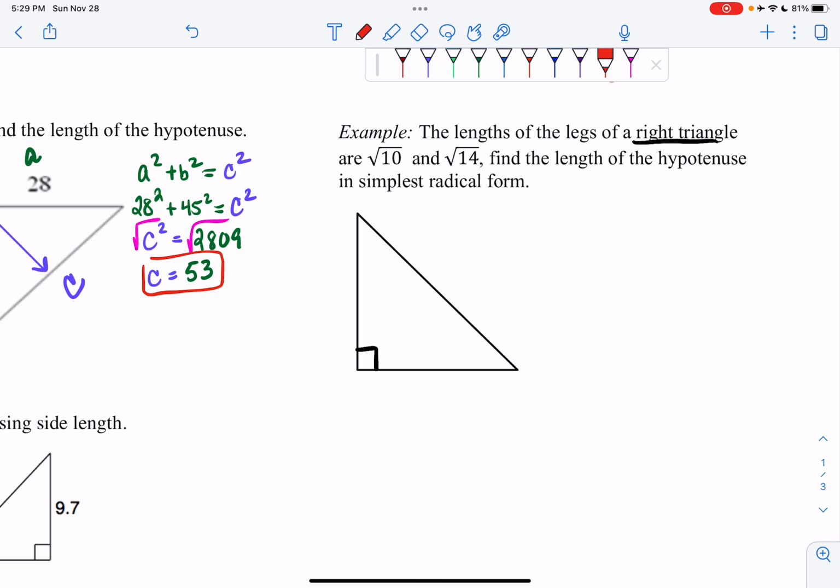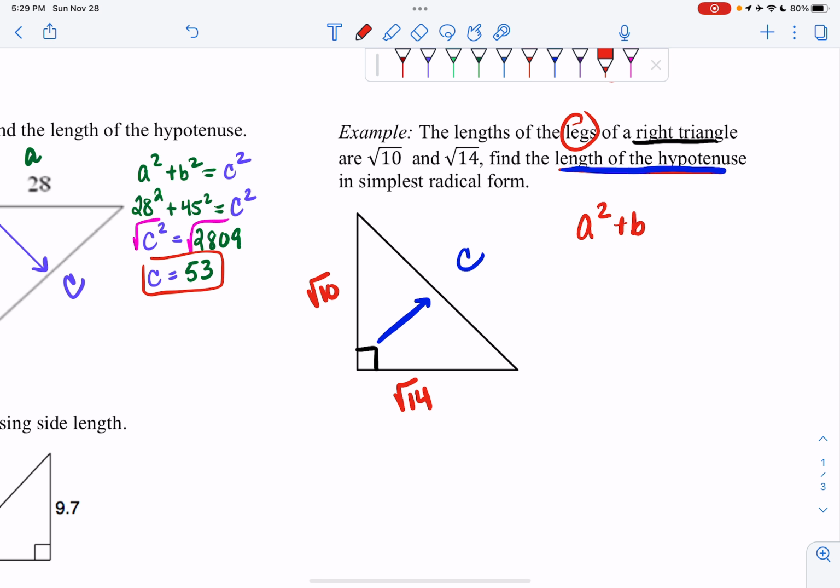So if you think about it, it says the legs are radical 10 and radical 14. So I'm going to make this radical 10 and this radical 14. I want to find the length of the hypotenuse. So we know our hypotenuse is across from our right angle, so we're just going to label it C. So we know the Pythagorean theorem states a squared plus b squared equals c squared.